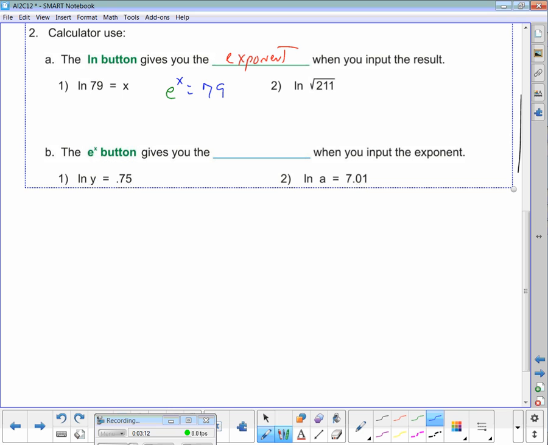Depending upon the syntax of your calculator, most of you are going to punch the ln button first, then 79. For me, I'm just punching in 79 and hitting the ln button. And was that 4.3694? 4.3694.